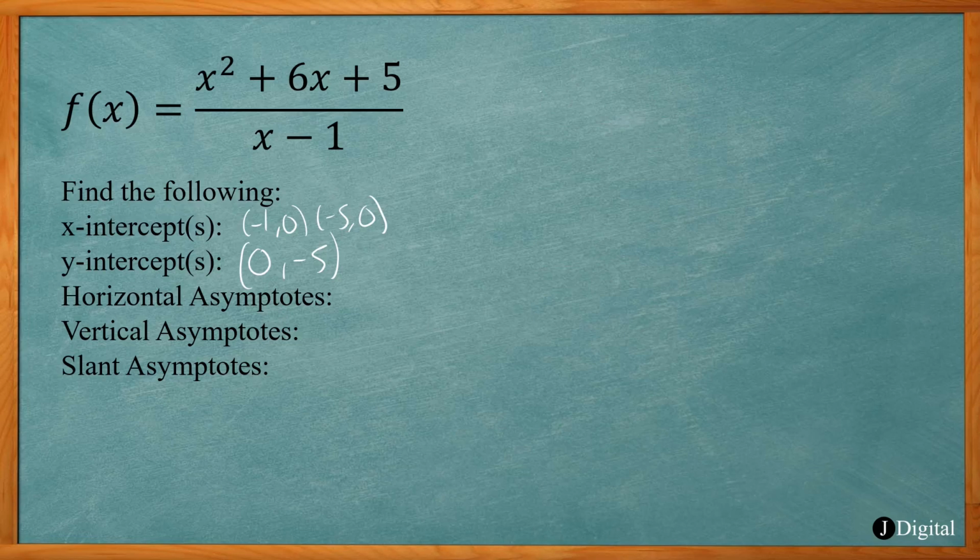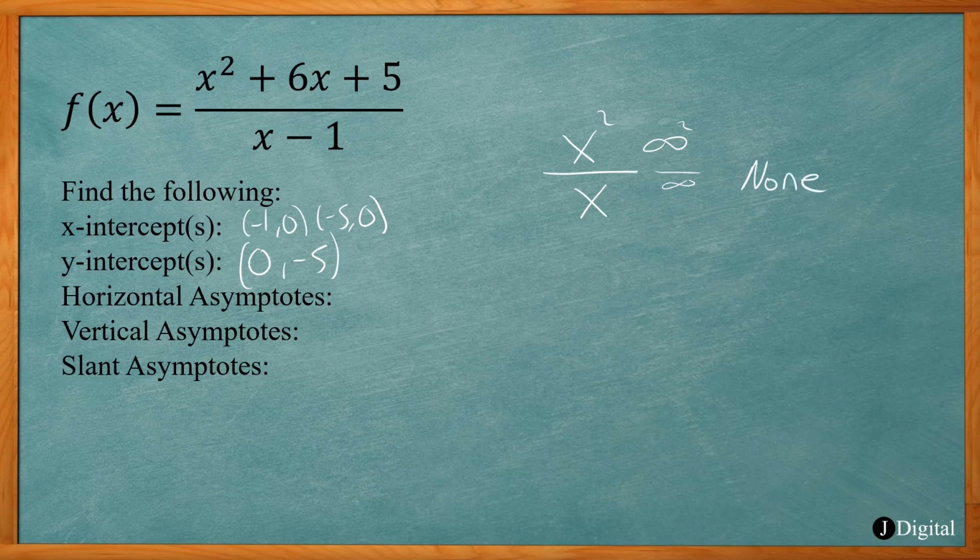Now for the horizontal asymptote, we look at the highest degree on the top, which is x squared, and on the bottom, x. Okay, so as x goes to infinity, the top is going to be a lot bigger than the bottom. So that means that we don't have any horizontal asymptotes.